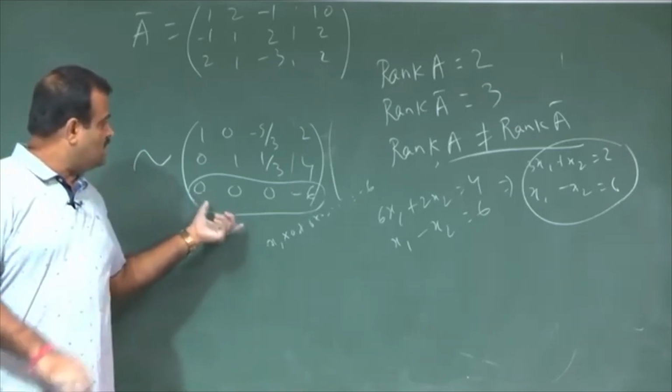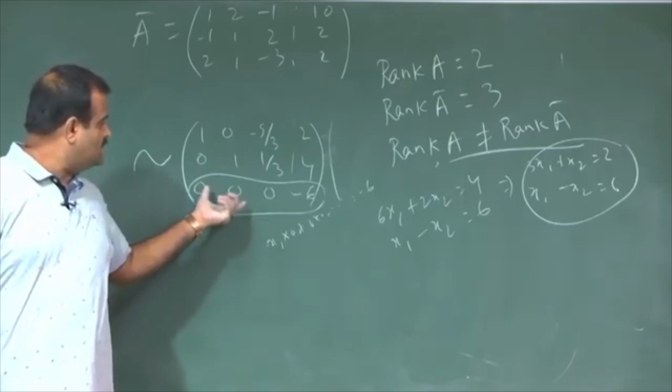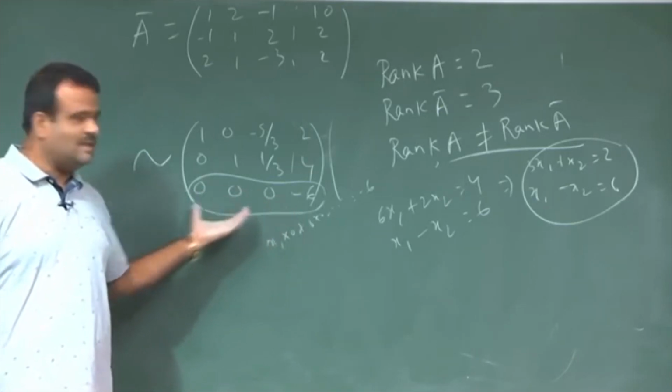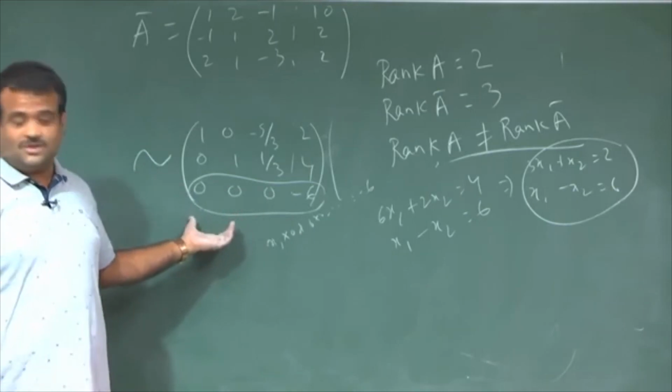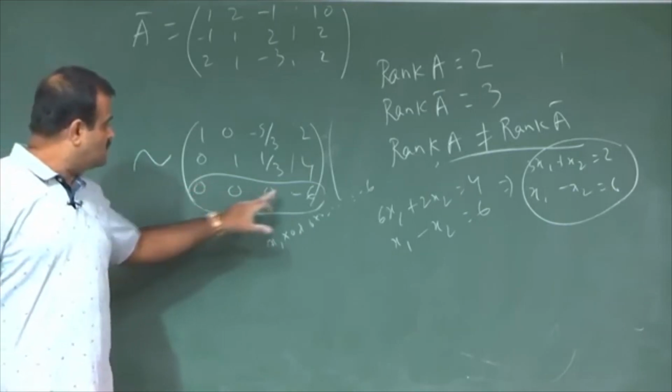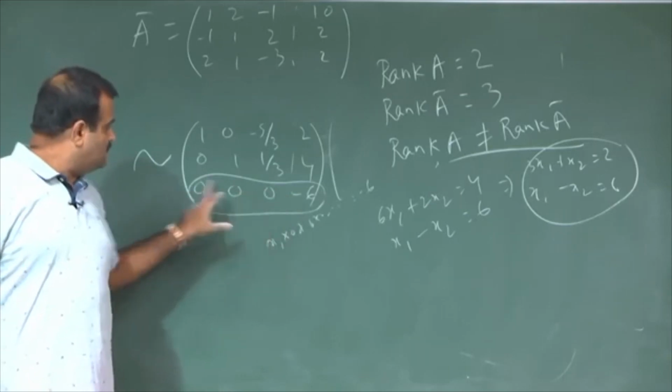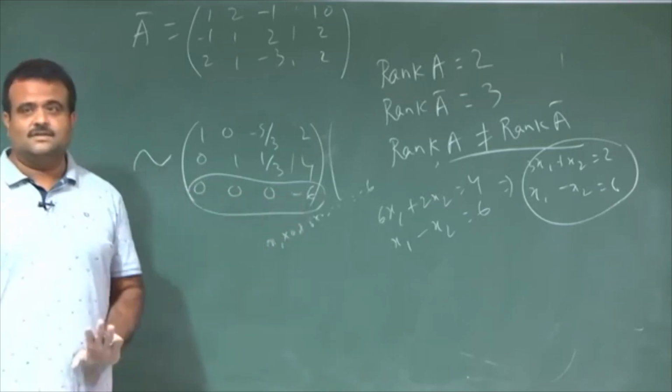If the rank is not the same, we end up with an equivalent system like this, which has no solution because all are 0. There will be no x which will satisfy this, this will be minus 6.